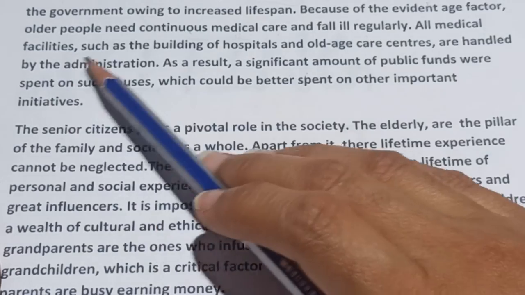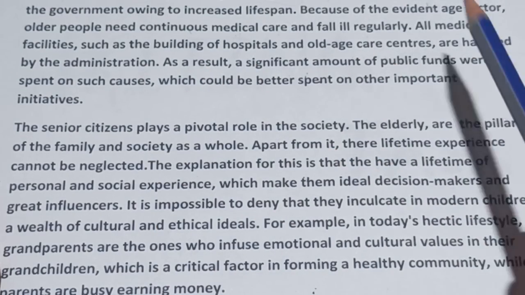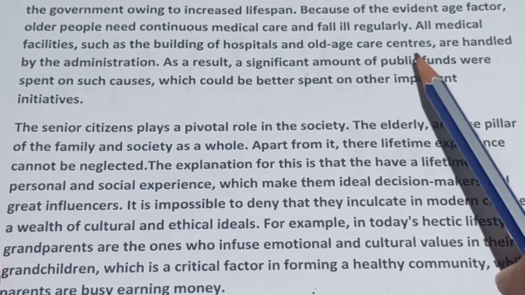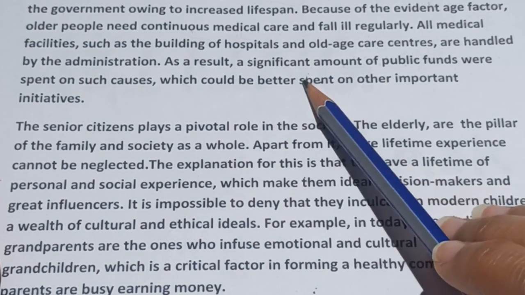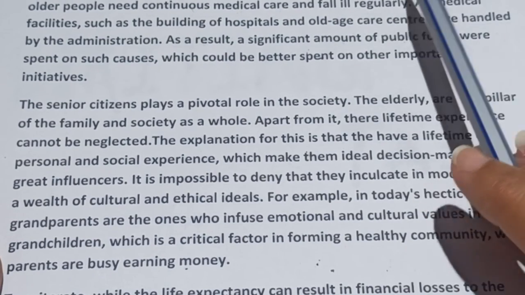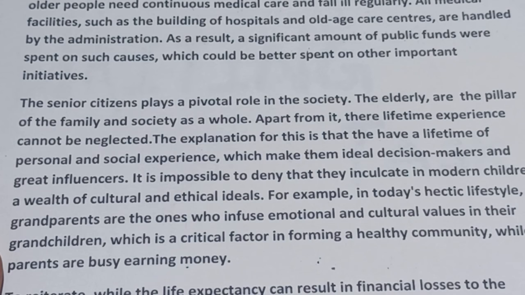All medical facilities such as building of hospitals and old age care centers are handled by the administration. As a result, a significant amount of public funds were spent on such causes which could be better spent on other important initiatives.